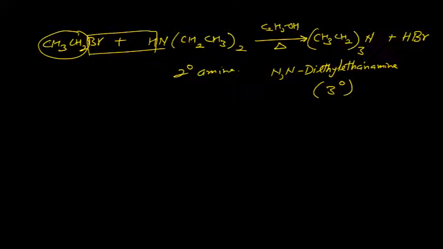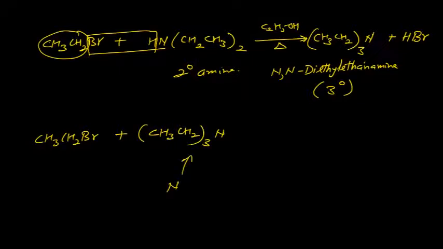Now this 3 degree amine will again react. So CH3CH2Br plus (CH3CH2) whole thrice N. In this case, there is no hydrogen. There is no hydrogen attached to this nitrogen, so HBr will not be formed.